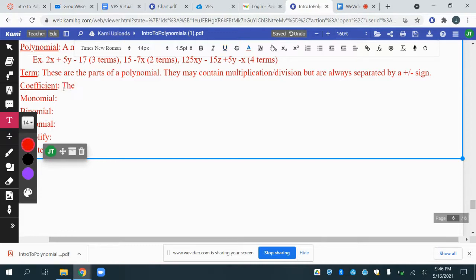These are the number part of any algebraic term.